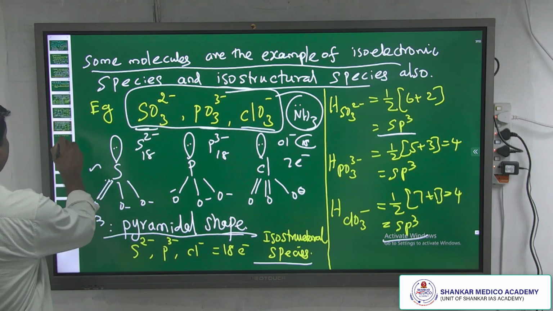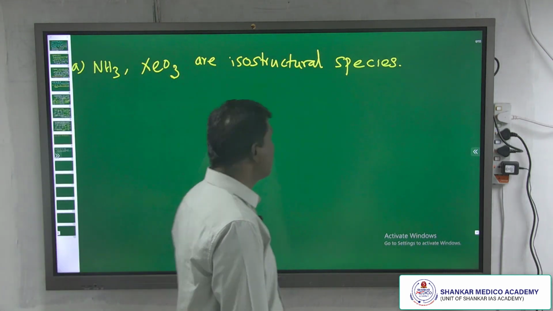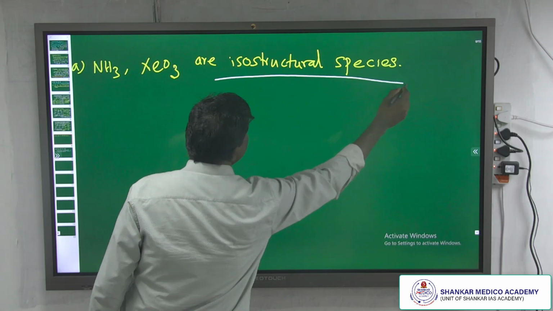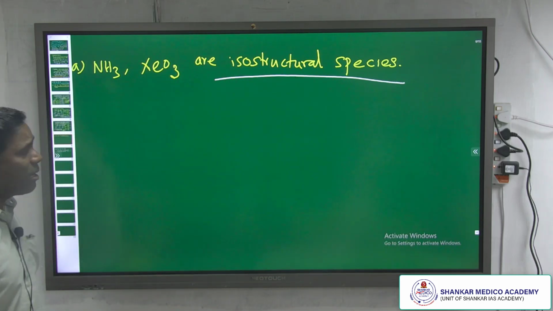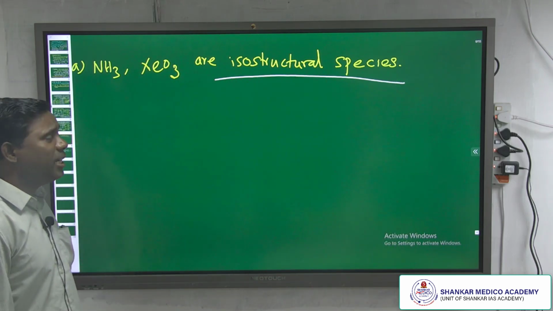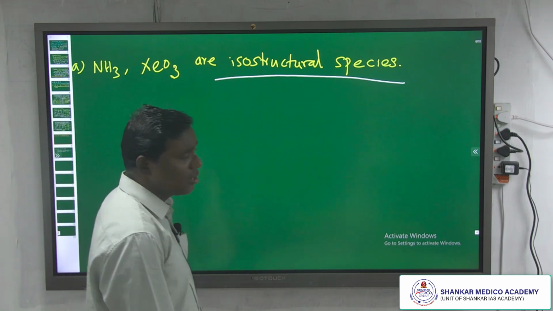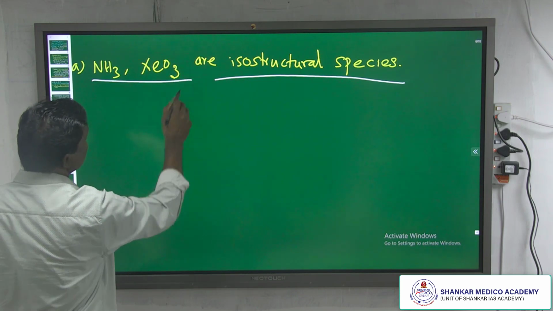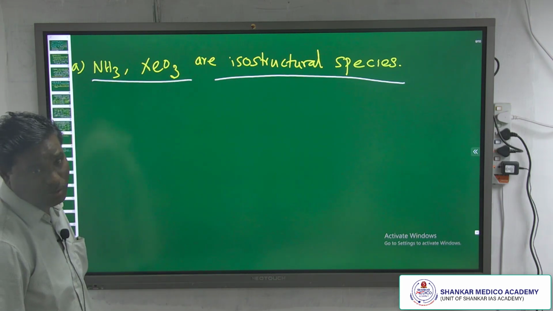Now, let us go for here. Ammonia, of course, isostructural species. If you see the number of electron, entirely different. Even the number of atoms same, but we should not go for isospheres.